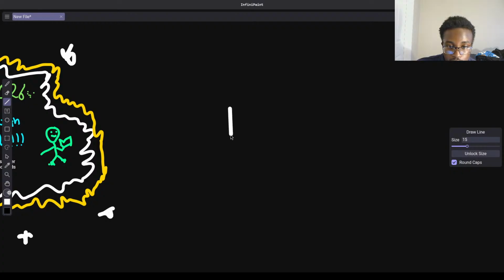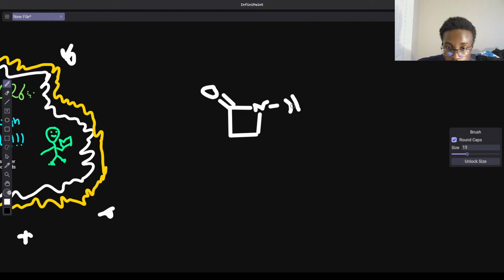So you have this, then obviously you have your N here, nitrogen. This is nitrogen, by the way. And then I'm just going to continue drawing this whole thing. You have this guy, which obviously has a hydrogen on it, and then there's an oxygen here, and there's a hydrogen here. So this is a beta lactam, right?